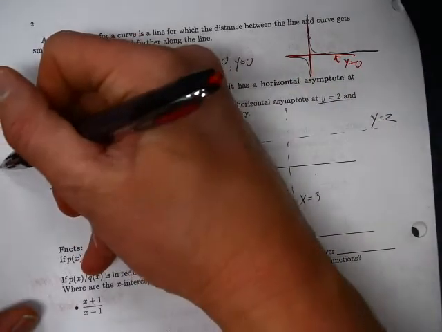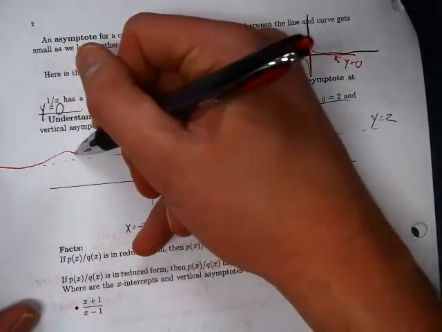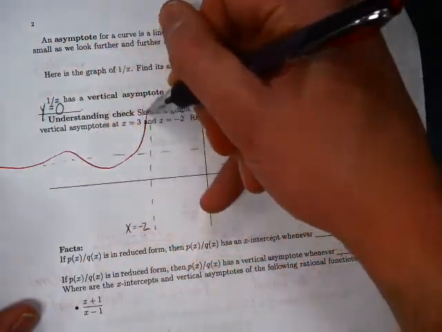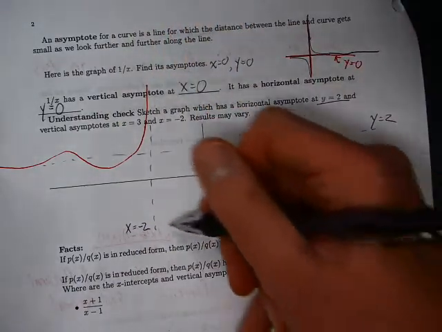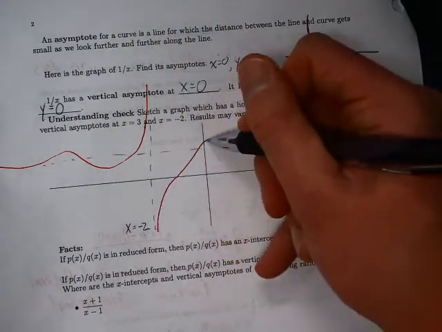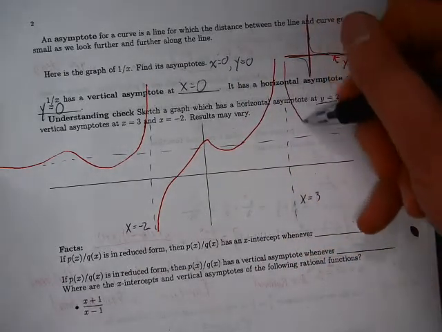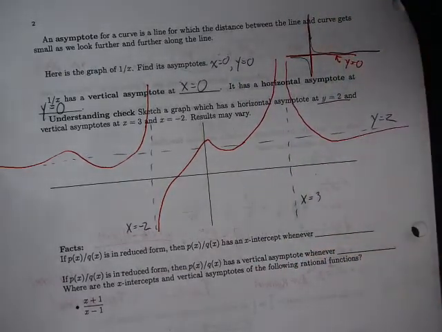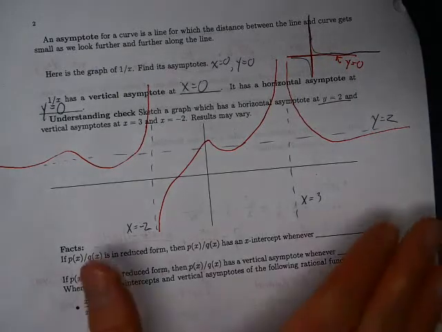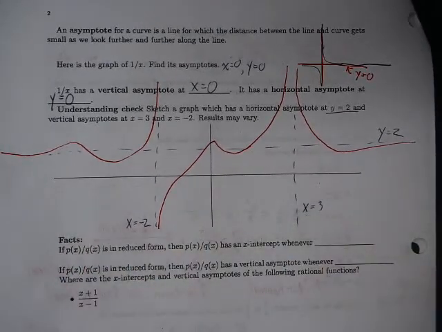So I need to get close to this line at x equals 2. So maybe it does this and that. And then it has to get close to this vertical line, and maybe it does that. So there's an example of a function that satisfies all of those conditions.